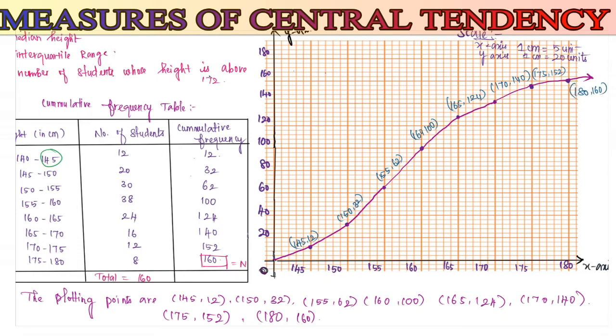Now we need to find out median, n by 2. So n by 2 value is 160 divided by 2, which is the 80th term. So the 80th observation we need to find. The y-axis is going to be observation and the x-axis is height in centimeters.